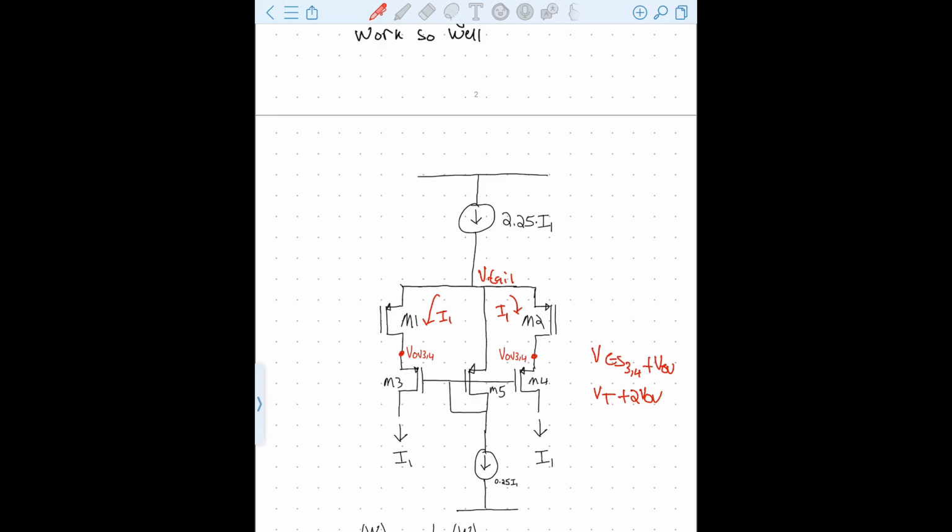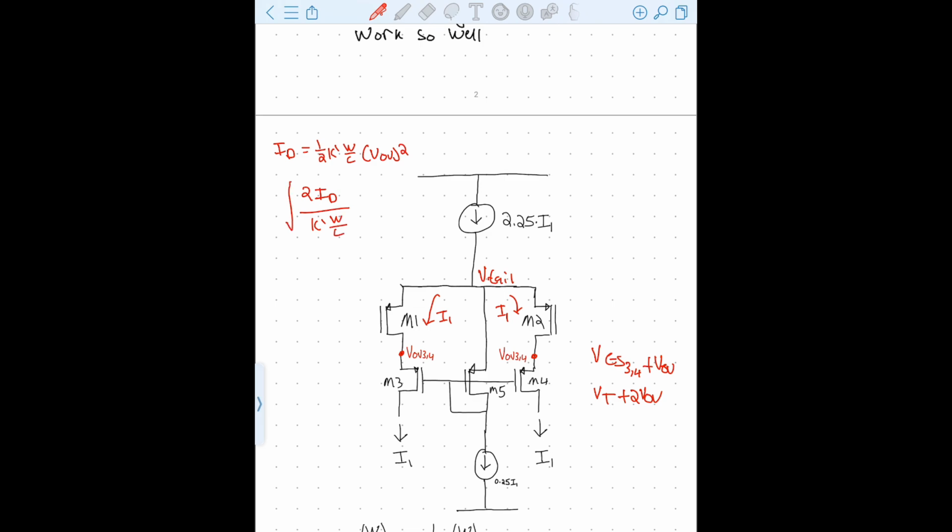So to do that, as I mentioned, you need a quarter of the current density. And the reason for that is because if you look at the ideal square law, which is ID is equal to 1/2 K prime W over L VOV squared. If you rearrange for VOV, then what you get is the square root of 2ID over K prime W over L, right?